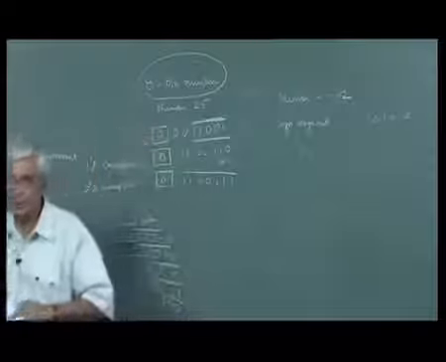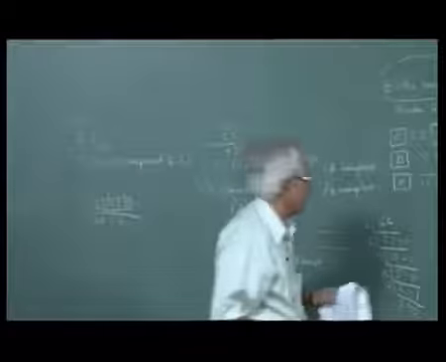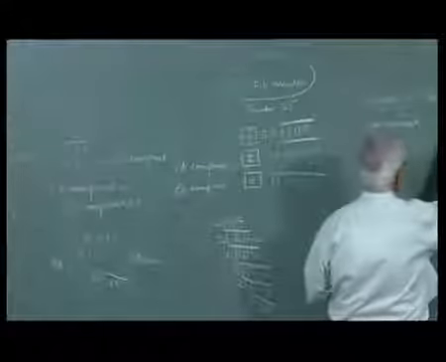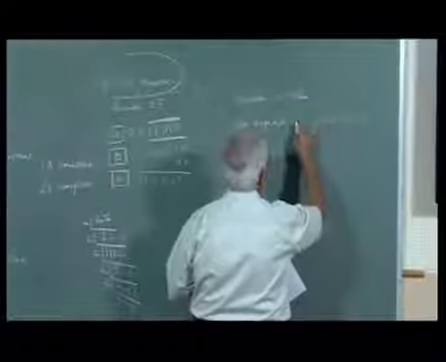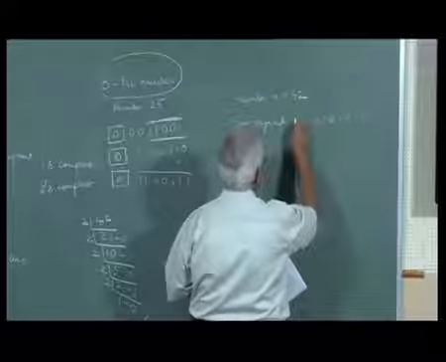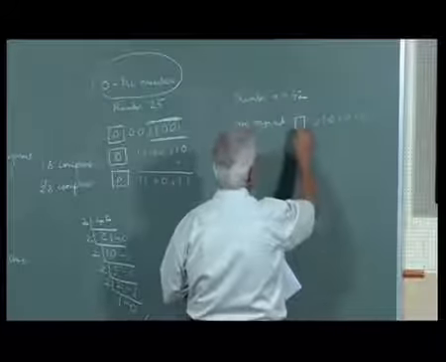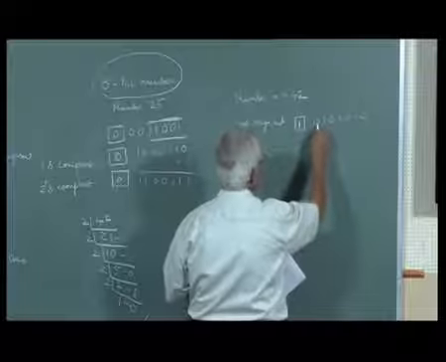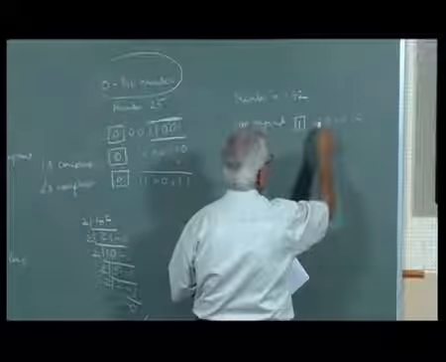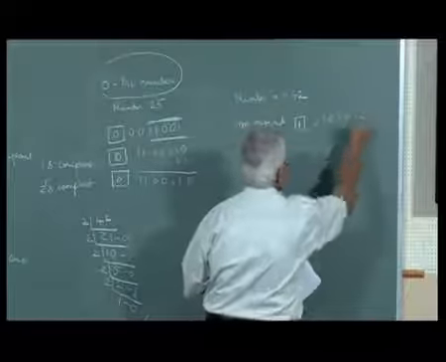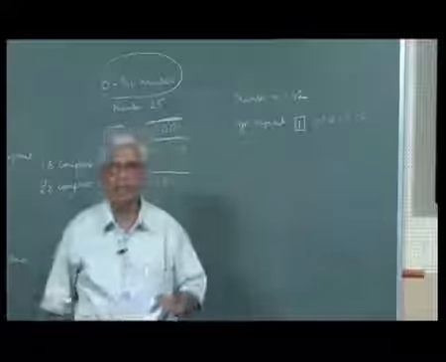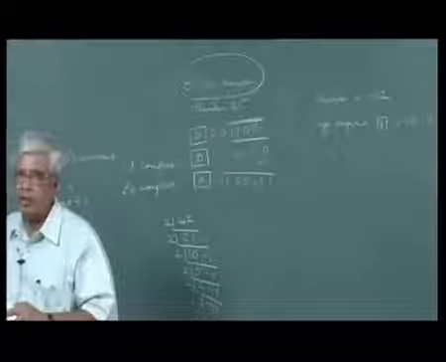I want 7 bits and the sign bit. So I need to add a 0. And the sign bit, which is 0 for positive, is 1 for negative. The sign bit is negative, 1. And this has to be 7 bits: 1, 2, 3, 4, 5, 6, 7. The extra 0 is added to make it 7 bits. That is very, very important.